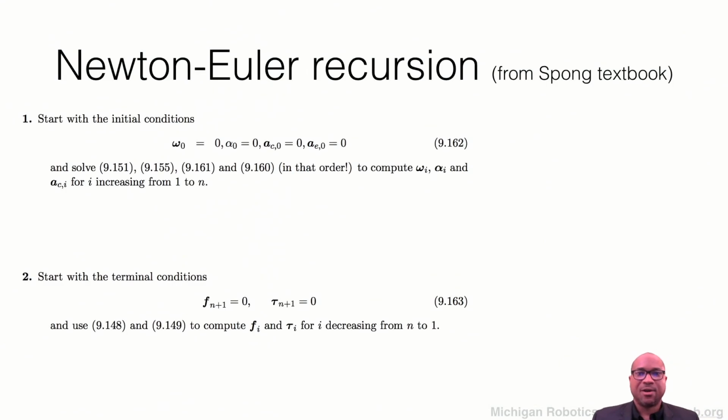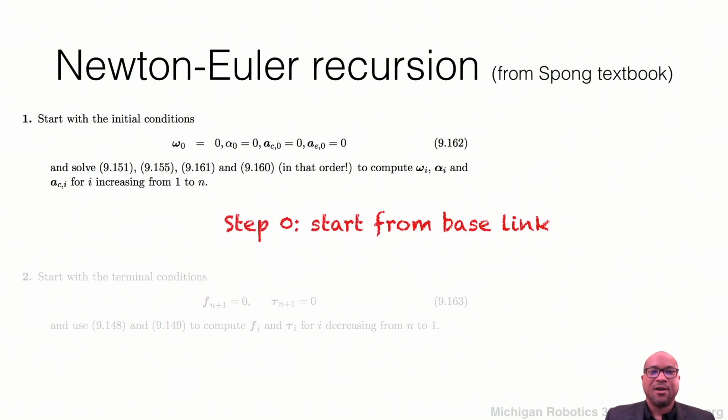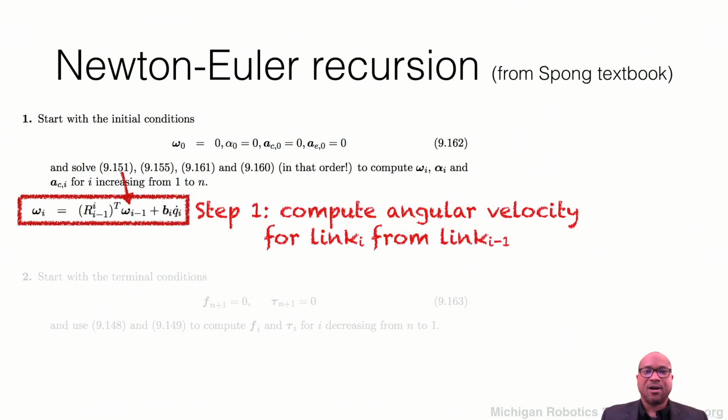When we think about this recursion, this is just a quick review from the Spong book. We'll start with our base link, and from there we'll compute the angular velocity that we have for link 1, since we have that information already available to us.